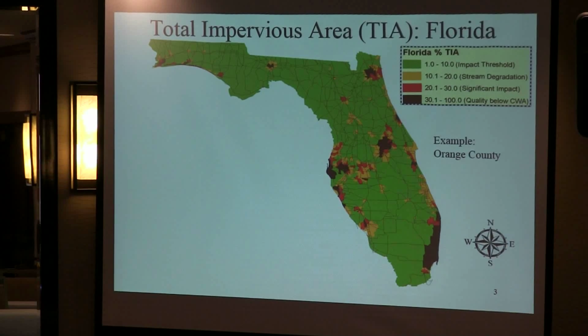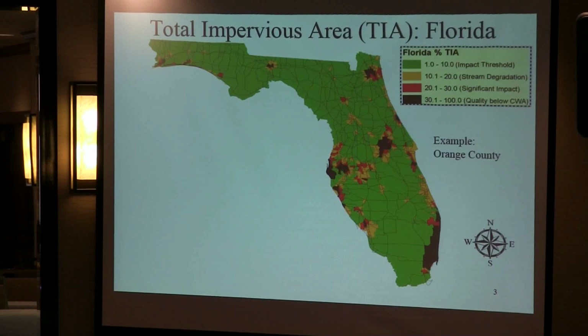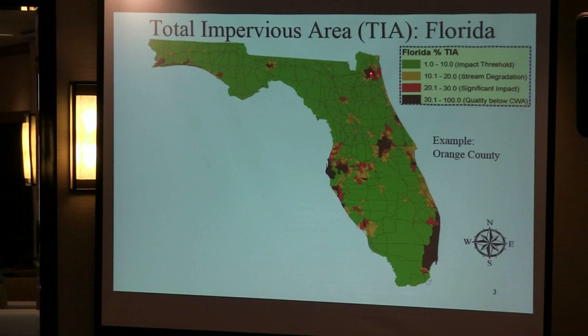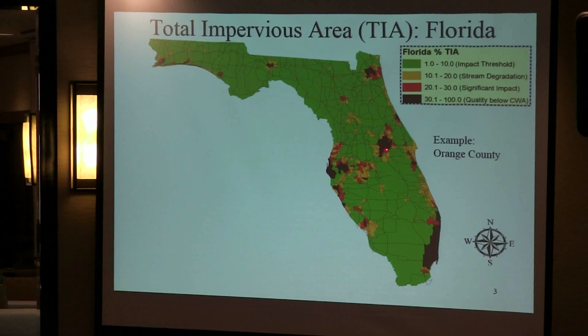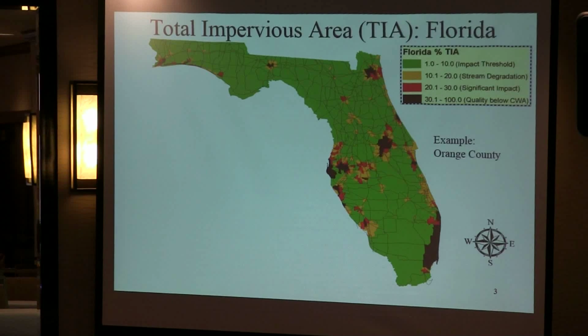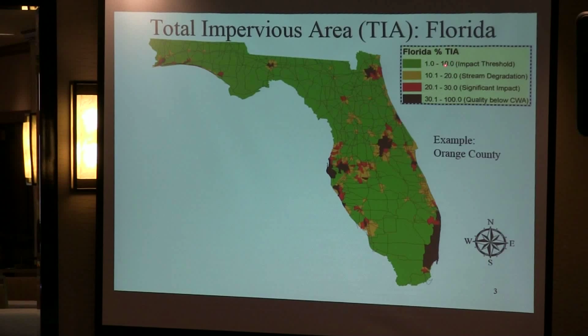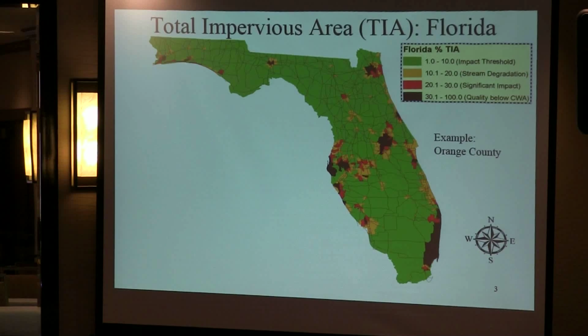So let's look at impervious areas, and I'm going to use the example of the state of Florida where I live. Here's the University of Florida, here's Jacksonville, Tallahassee, Orlando, Tampa, Miami. As you go from green all the way to black, you have higher imperviousness.